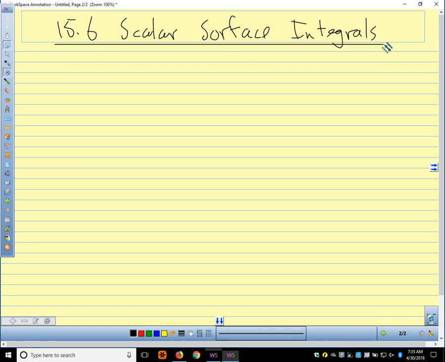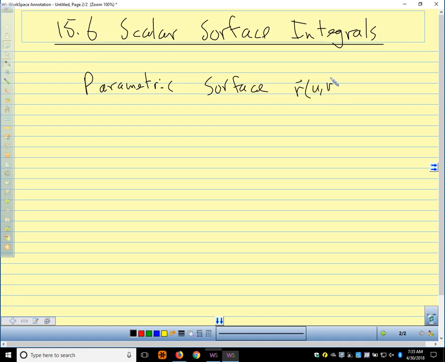From last time we said that for a parametric surface given by r of u and v, a normal vector to the surface is given by N equals r sub u cross r sub v.